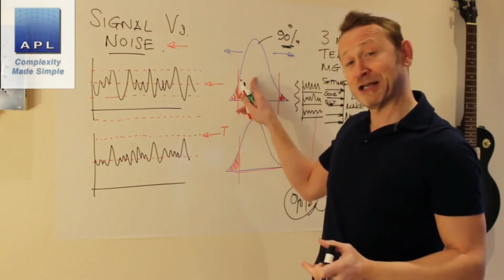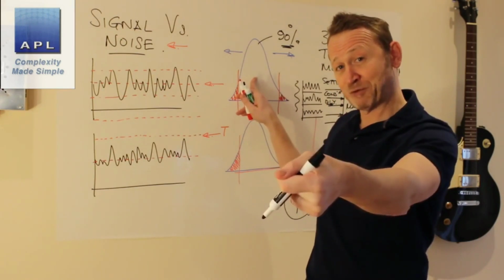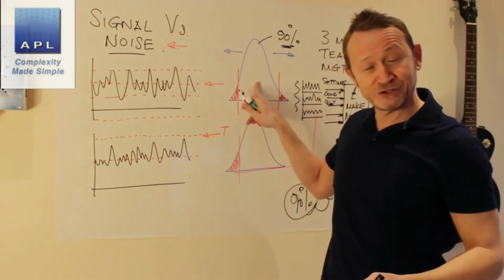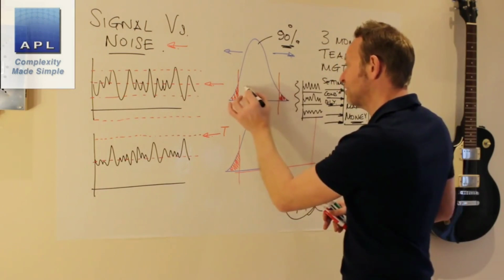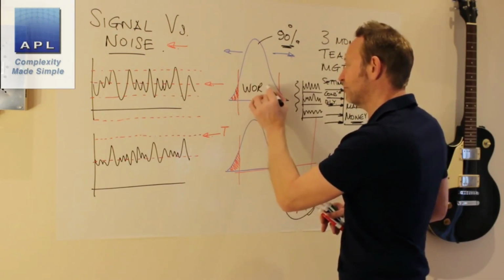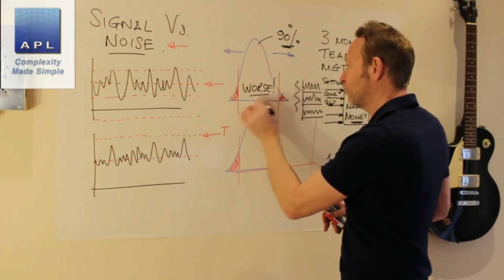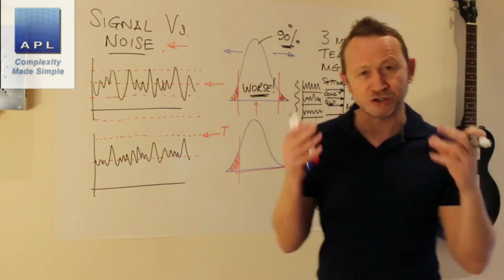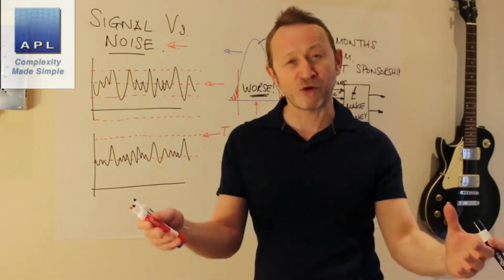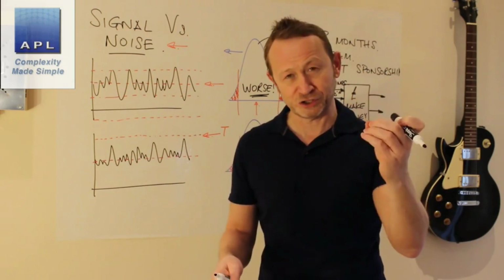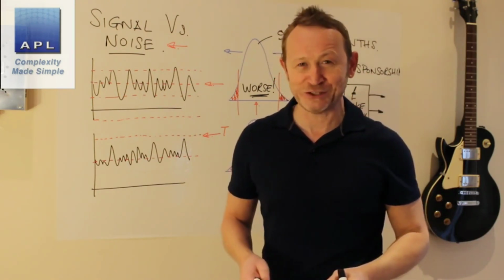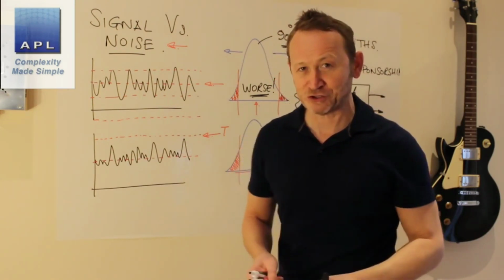In other words, you let an operator play with the dials up here. What will the operator do if he plays with the dials up here? Typically, he makes it worse. They say 90% of the time when an operator adjusts a machine, 90% of the time, he makes it worse. Think about that for a second.